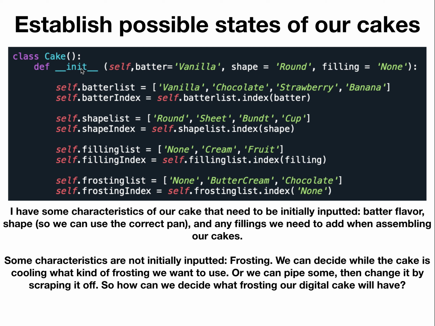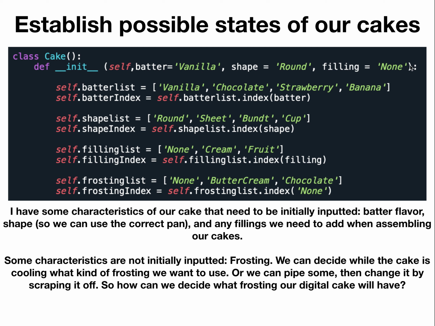So, as I said before, some characteristics of our cake need to be initially inputted, the batter flavor and the shape, so we can use the correct pan, and any fillings we need to add when assembling our cake prior to frosting it. Some characteristics are not initially inputted. Frosting, for example, we can decide while the cake is cooling what kind of frosting we want to use. So even though we outline what the possible frostings are when we initialize, we don't have any value.